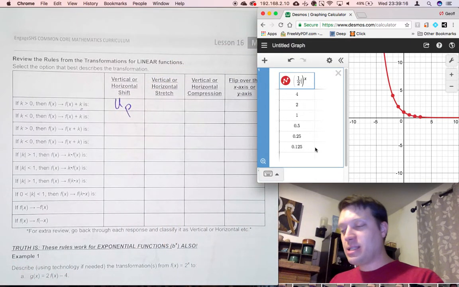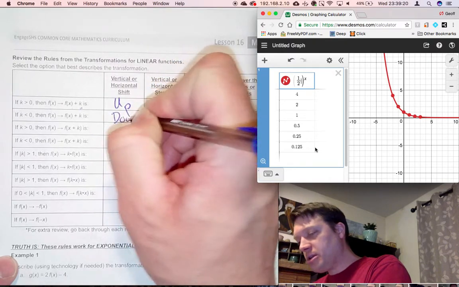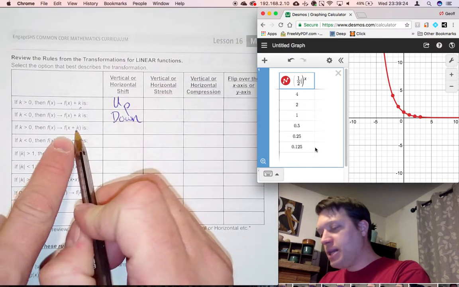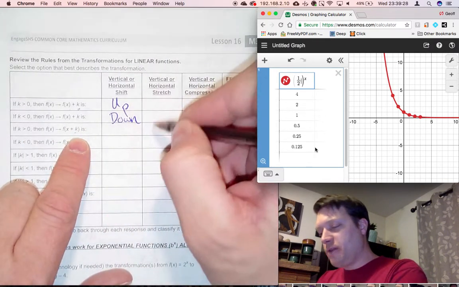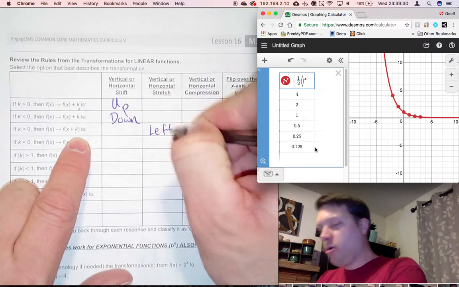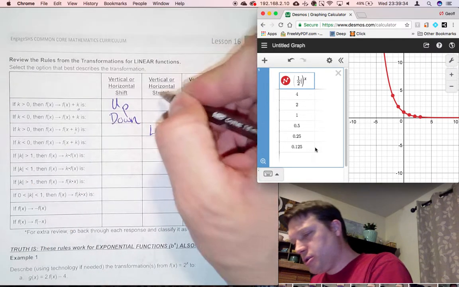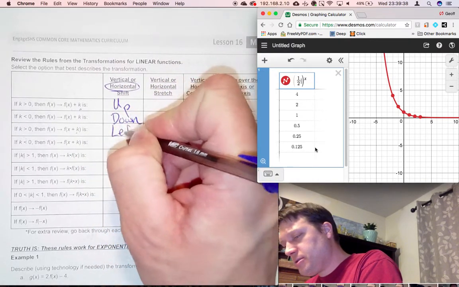If k is less than 0, adding k to f of x is going to be a vertical shift down. If k is greater than 0 and we're inside the parentheses, then we're going to shift to the left in the horizontal direction. Oh, I don't mean stretch. I mean horizontal shift left.